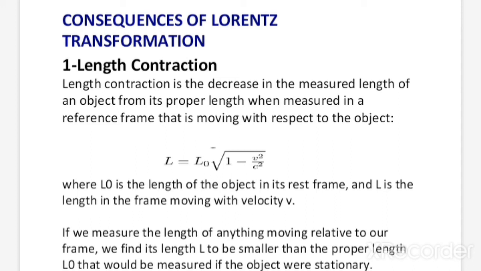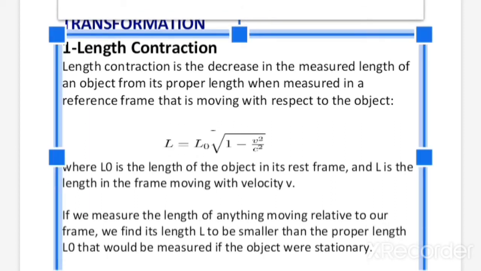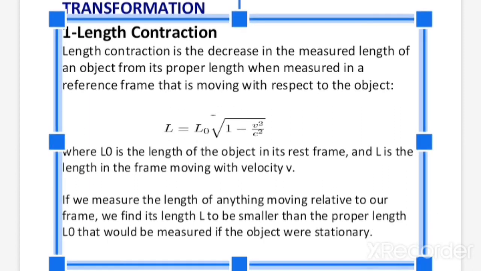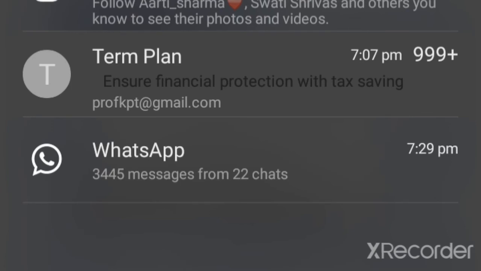Then with the help of the Lorentz transformation equation, x2' minus x1' will give you x2 minus x1 whole upon root of 1 minus v square upon c square, and substituting the actual values which we considered earlier, we get L0 is equal to L upon root of 1 minus v square upon c square, or you can say that L is equal to L0 root of 1 minus v square upon c square.